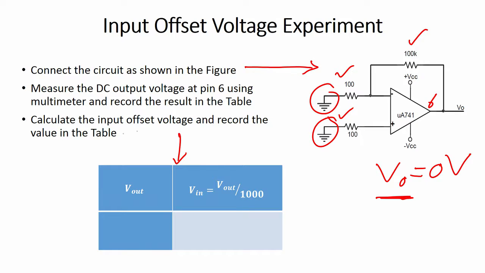Calculate input offset voltage and record the value in table, so easy. Whatever Vout we get, we will write it here. We can measure Vin by this formula: whatever Vout we get divided by 1000. Why? Because of the ratio.